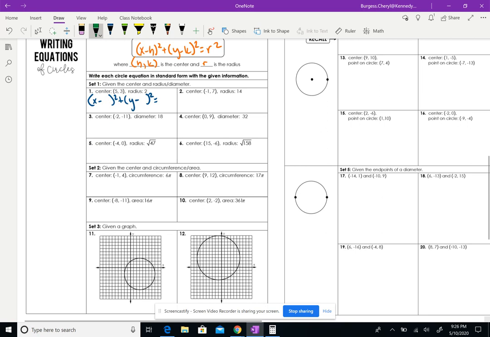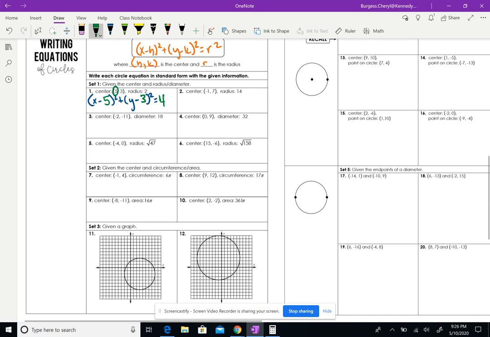Okay, so our h is 5, our k is 3, and our radius is 2, and 2 squared is 4.